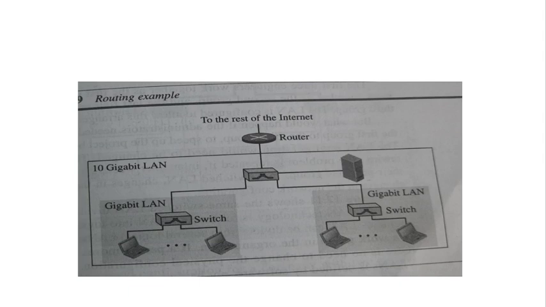The organization uses switches in its LAN, and these 2 LANs can be connected to form a larger LAN using 10 gigabit Ethernet technology in order to speed up the connection to the organization server. This can be made possible by the router. So a router can connect the whole system to the internet.